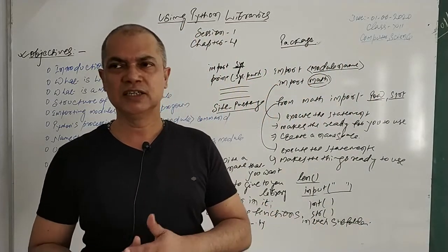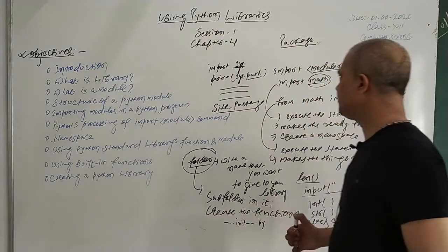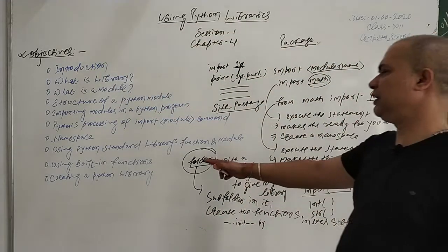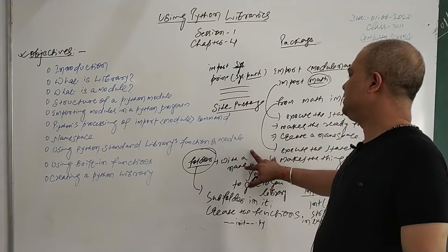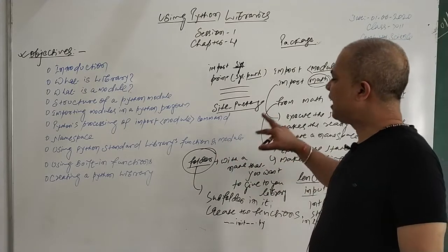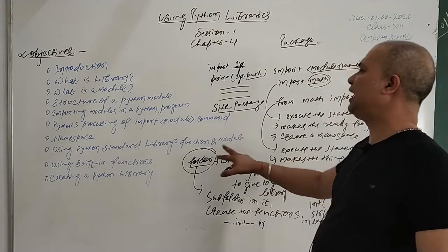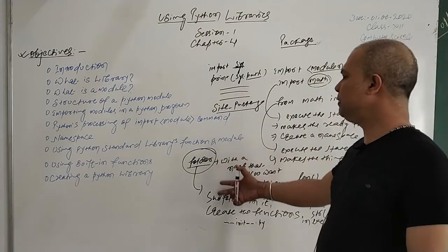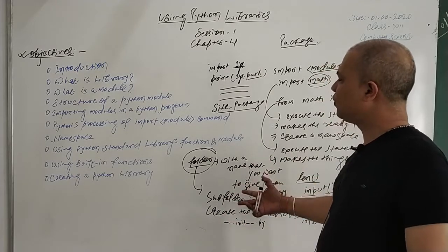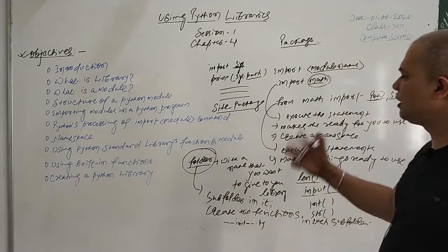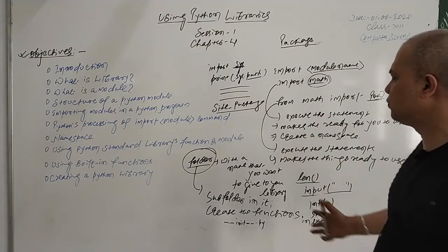So there are a few things you have to keep in mind if you want to create your own library. First and foremost, we have to create a folder with the name of the library that I want to give. It's a user-defined name. Inside the folder we may have many subfolders according to our needs, and every subfolder has functions, 1, 2, 3, 4, as many functions as you want to create.